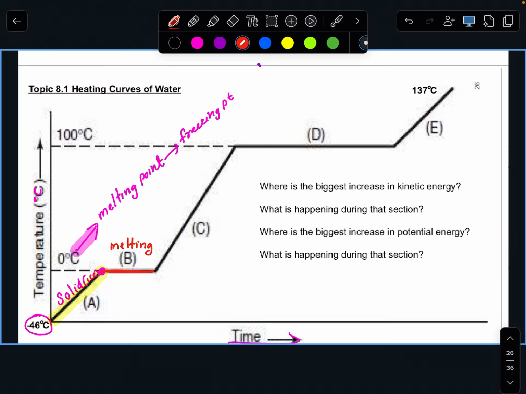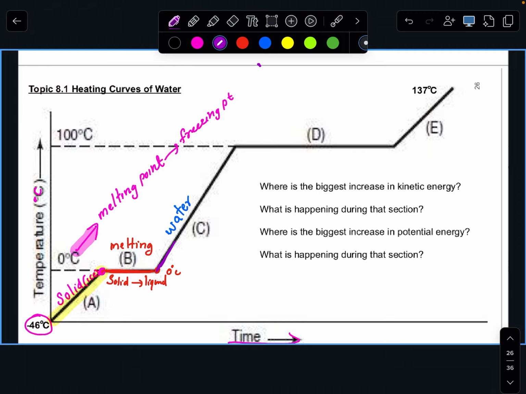Because 0 degrees Celsius is a place where all solid ice will convert into what? Liquid. So now in this line, that is also 0 degrees Celsius, but you have water there, water.